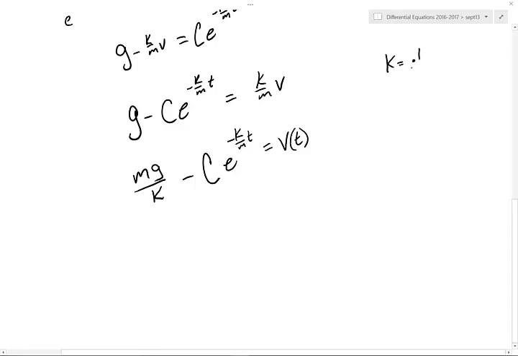So 0.1. And I'm going to say the mass of this beast is 50 kilograms. I don't know. Why not? Okay?